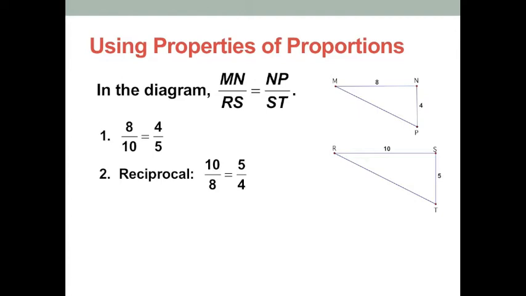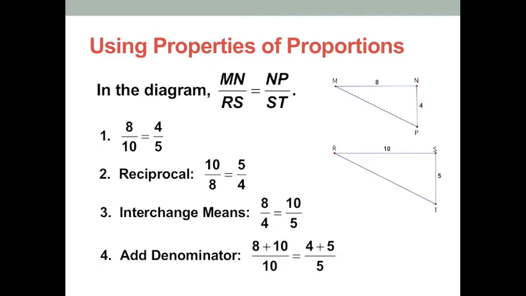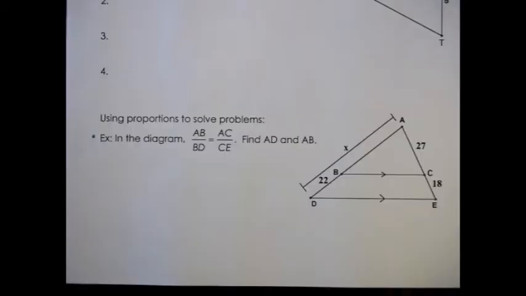Those are equivalent. Now I can interchange the means and say 8 over 4 equals 10 over 5. That's also a true proportion. And I can add the denominators and say 8 plus 10 over 10 equals 4 plus 5 over 5. That's also a true proportion.